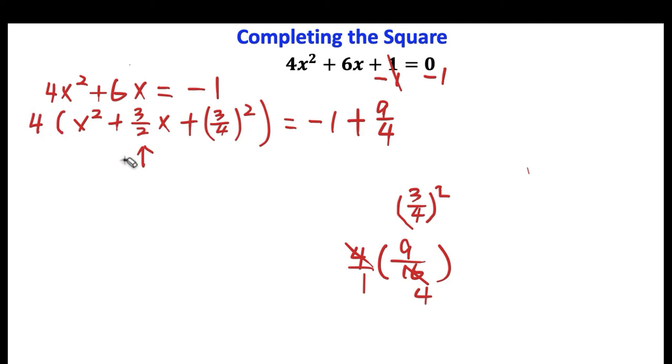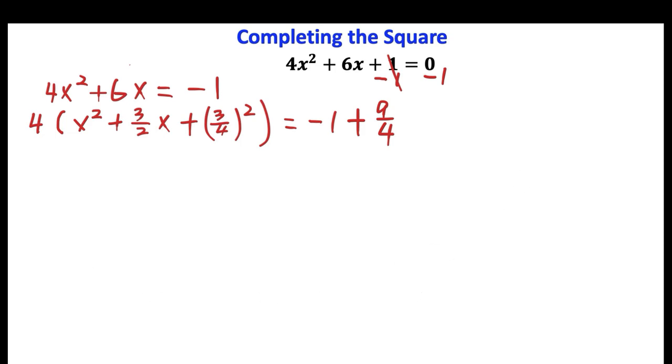Up to this step, please stop a little bit to see if you understand. If you are okay with the step, we can keep on going, with 4 still outside, and then within the parentheses we have x plus 3/4 parentheses square.